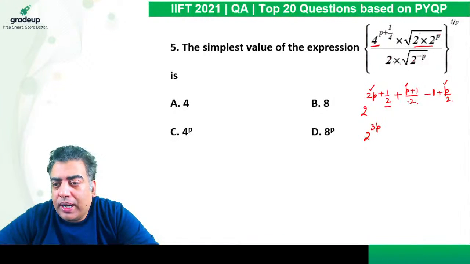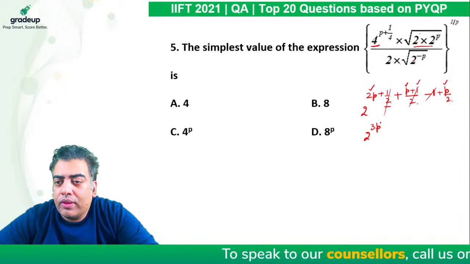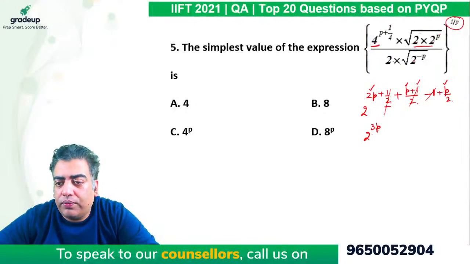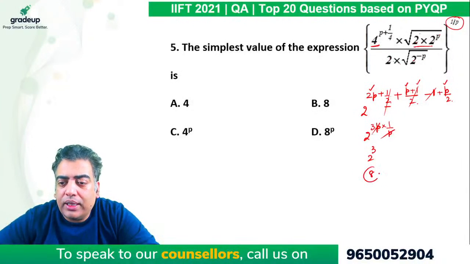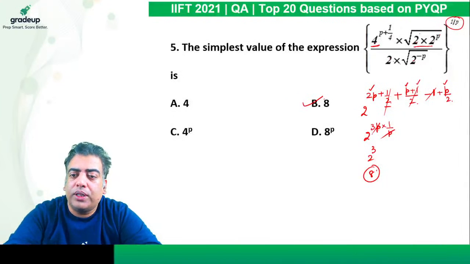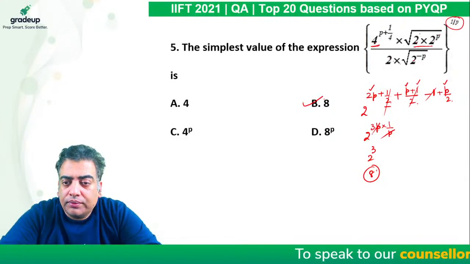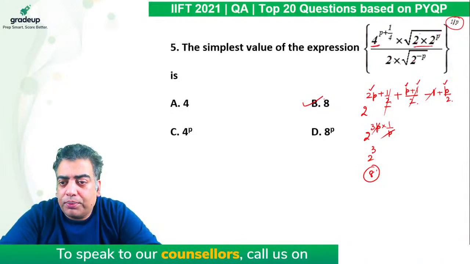So this is 1 by 2, this is also 1 by 2, which adds up to 1, and 1 minus 1 gets cancelled out, right? So it results in 2 raised to power 3p whole raised to power 1 by p. So p and p get cancelled out, resulting in 2 cube, which is equivalent to 8. So the correct answer option is B. So please check it out. I hope the simplification process is clear to each and every student.